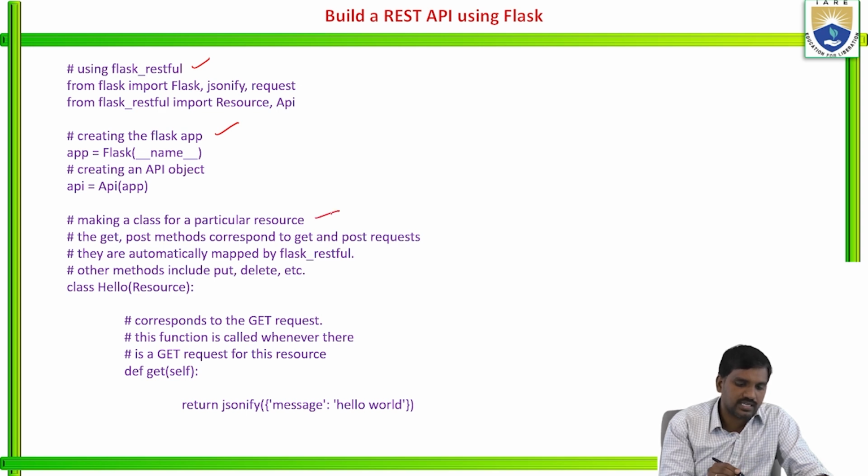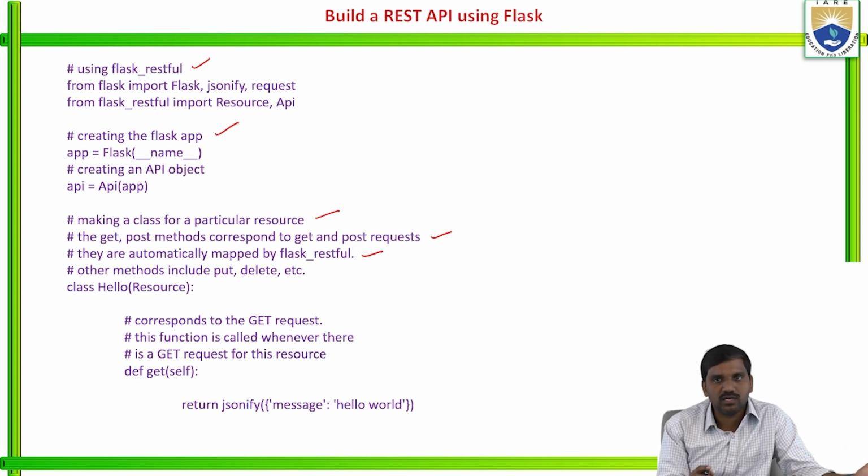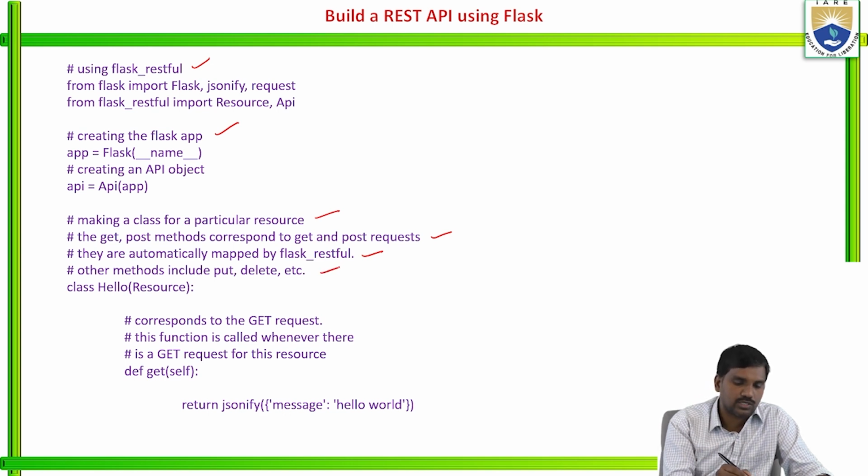Next, we make a class for a particular resource, with get or post methods corresponding to GET and POST requests. They are automatically mapped by Flask RESTful. Other methods can include put or delete. So that is the process.